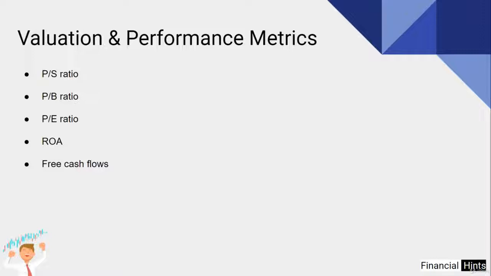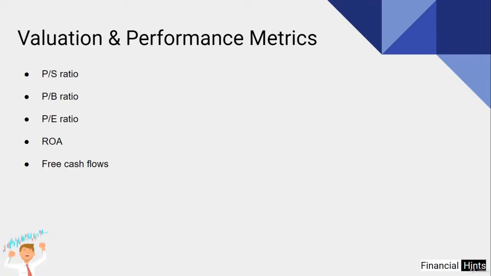So the following are valuation performance metrics that we can use for doing our fundamental analysis. I'll explain some of them, because of course there are many, but I'm just going to stick with some of the most important ones. To be honest, this is probably the most boring part of the course, but it is important for you to understand what these types of metrics are and what they mean.